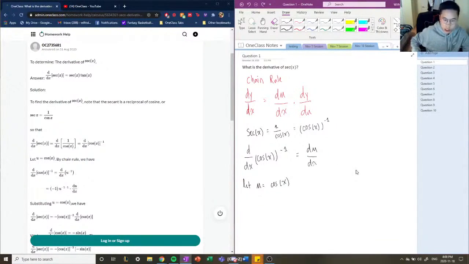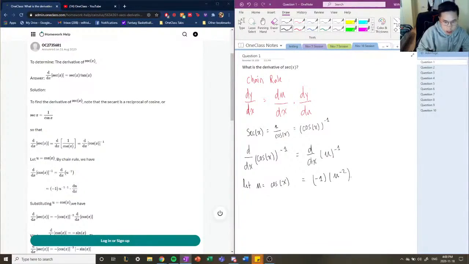So we just want to sub u in. We'll get d/du of u^-1. Okay, and then if we use our power rule here, our power rule suggests that we take the exponent down, and then we subtract the power by 1.